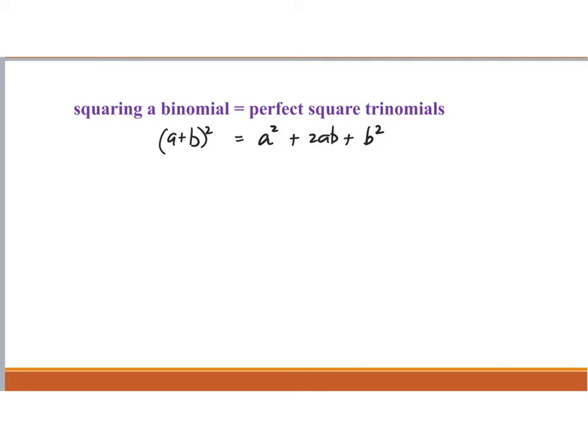Here are some examples of binomial squares and their expansion. Whether you are FOILing or using the formula, this is what you get for x plus 1 squared, for example.